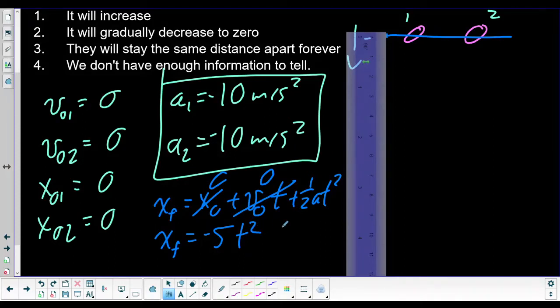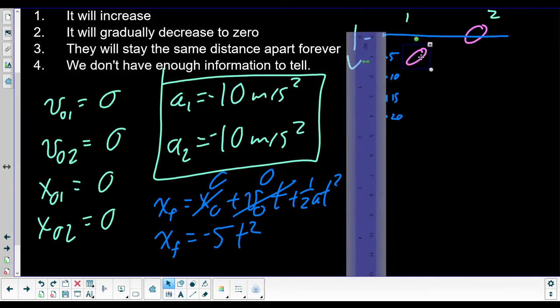Let's go ahead and just make each of these 5. So there's 5, 10, 15, 20, and so on. So if I plug in 1 for t, 1 squared is 1, times 5 is 5. So this ball will fall 5 meters.